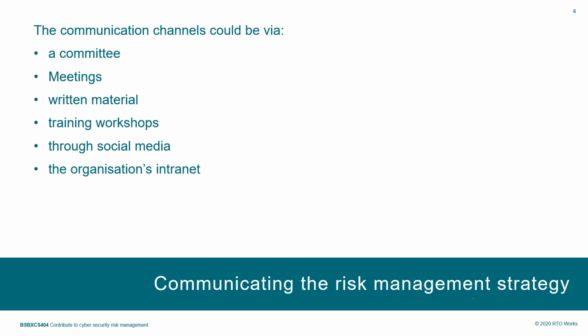So how do you go about communicating these things to your staff? Well, you can do it via meetings, disseminate it through committee, written materials, workshops, through the corporate social media, or the internal network.